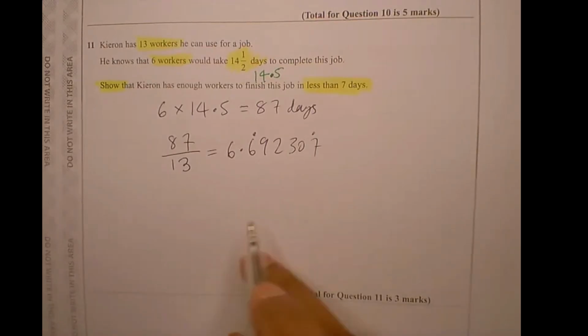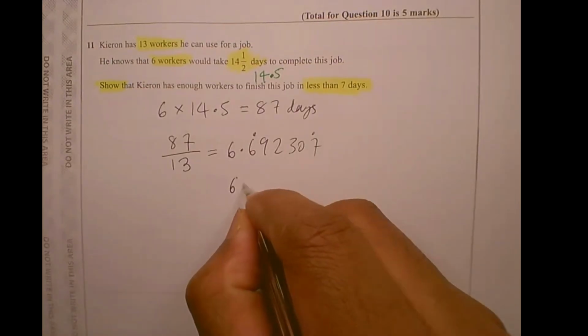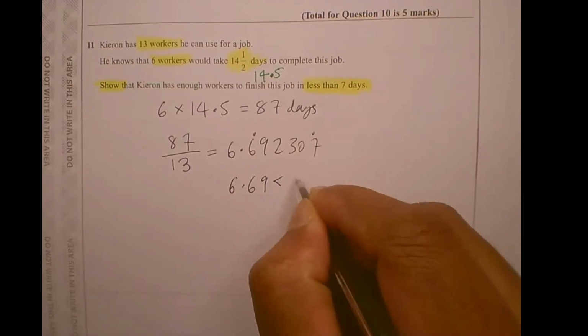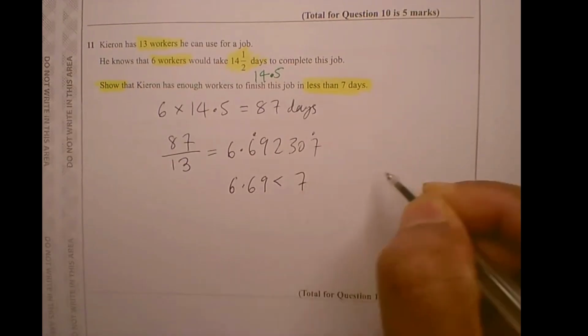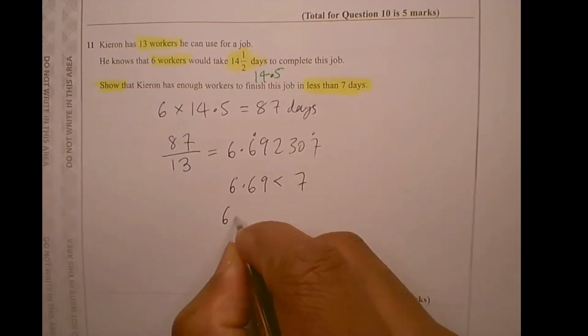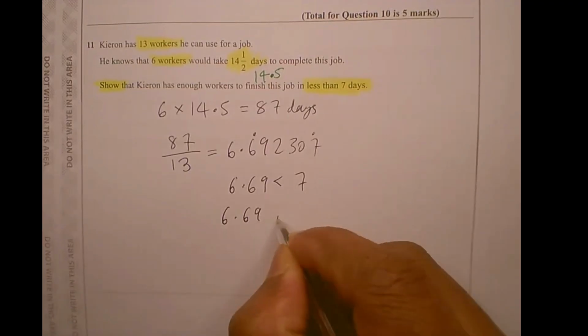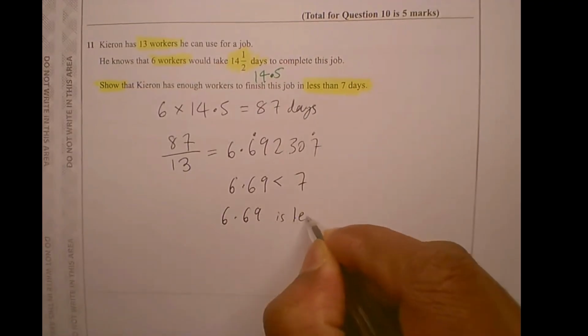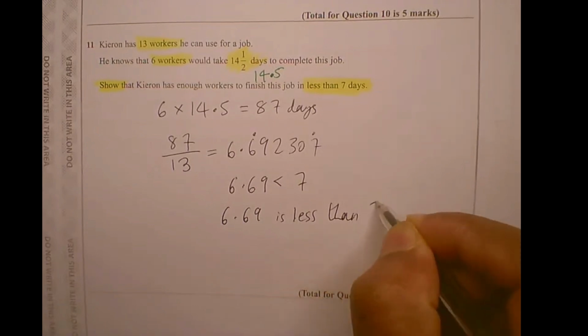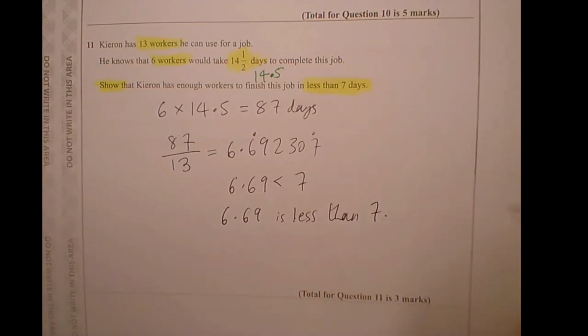So what I can see from here is 6.69 is less than 7, or if I say it in words, 6.69 is less than 7. And so I've shown that Kieran has finished the job in less than 7 days.